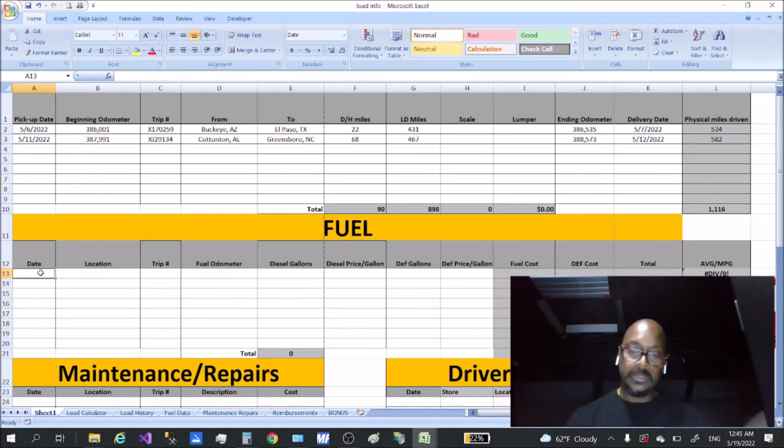Okay, so my trip number here, well, actually the date. I filled up on the 11th, in Smith Station, Alabama. What kind of city name is that?